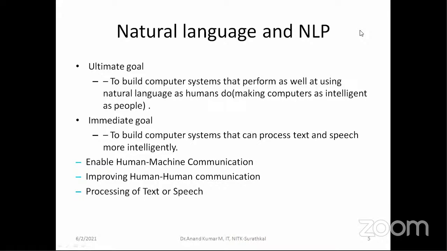Great. Fine. The ultimate goal of natural language processing is to build a computer system that performs like a human. Think how your mother hears you, how your kid hears you. Like that, you are going to build a computer system like a human. That is our ultimate goal, and it is associated with artificial intelligence. NLP is the brain of artificial intelligence.